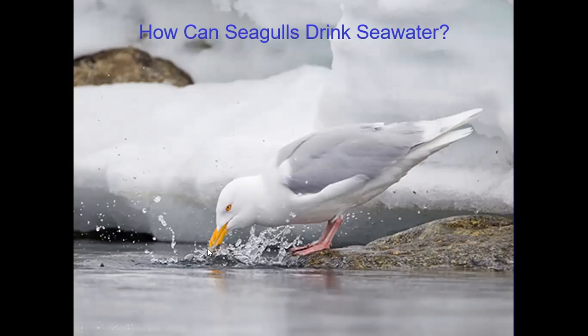So I won't go deep into the chemistry or the physiology that allows them to do this, but basically they drink in the seawater, and then up here around their eyes they have what's called a salt gland, and it just filters out the salt from the water, and then the salt gets a really briny, salty liquid, and it just flows down. And if you can see this tiny hole on the beak, that's where the salty liquid flows out, and they excrete the salt from their bodies.